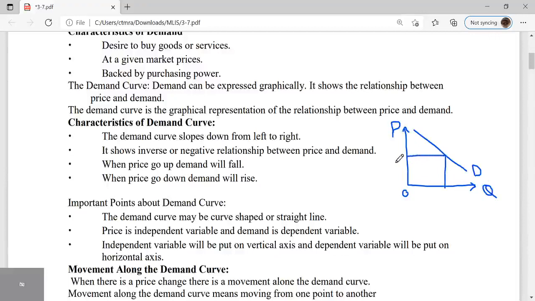Okay, suppose the price was P1 and at that time the demand was Q1. So if the price rises to P2, what will happen? Demand will fall to Q2.